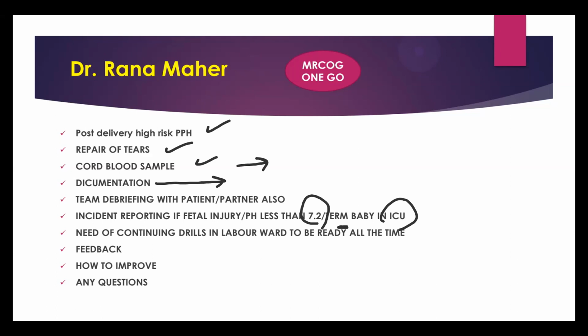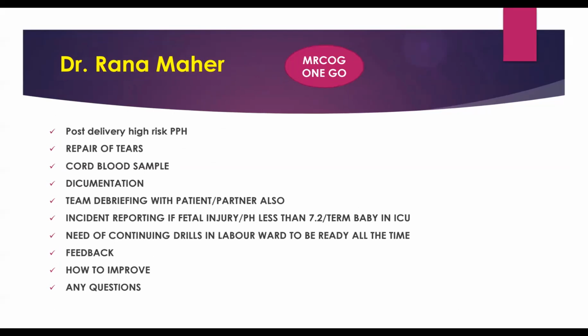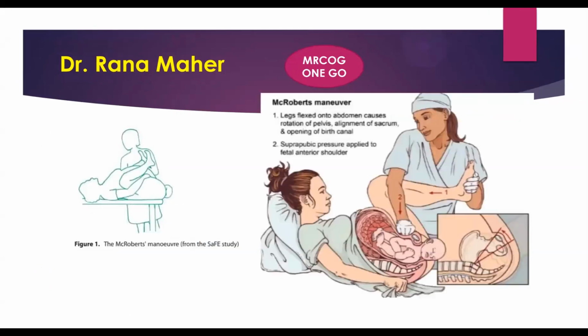Then ask the ST1 for feedback: what's going well, what needs improvement, and any suggestions. Give the ST1 all the resources like the RCOG guideline, some tutorials, some videos, and advise the ST1 regarding courses or workshops to manage shoulder dystocia.